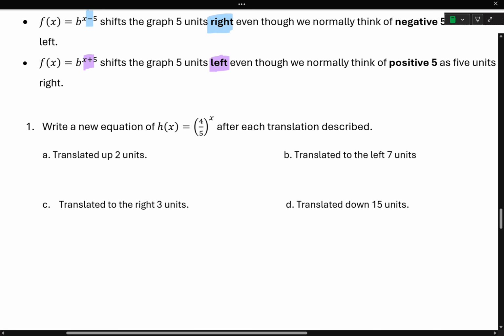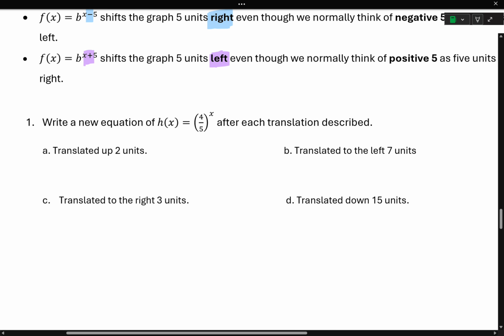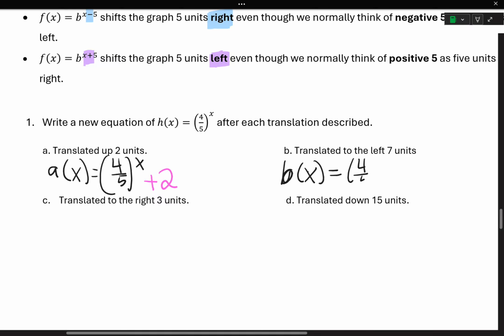All right, let's write the new equations. If we're going to translate 4/5 to the power of x. For letter A, if we translated it 2 units up, we would have 4/5 to the power of x plus 2 on the outside. If we were to translate this function to the left, we would have 4/5 to the power of x plus 7.